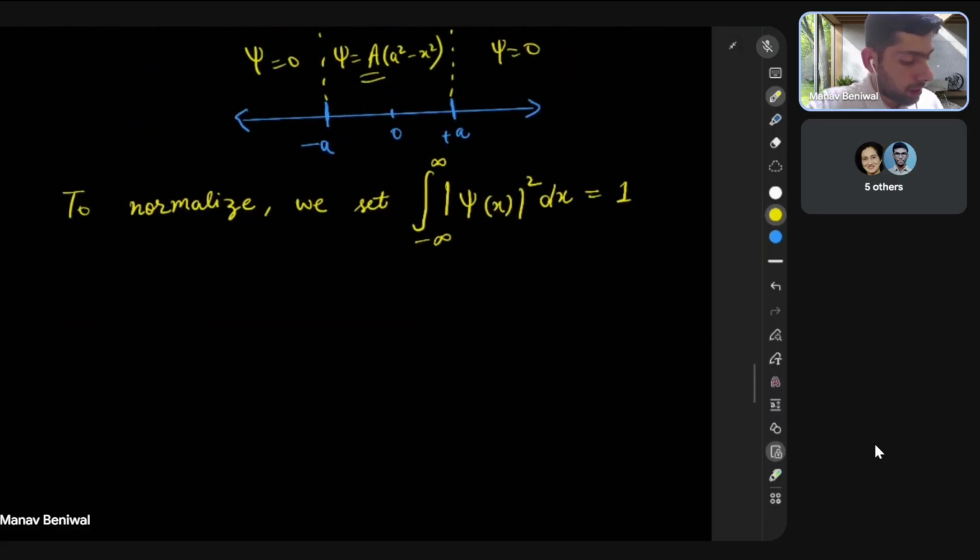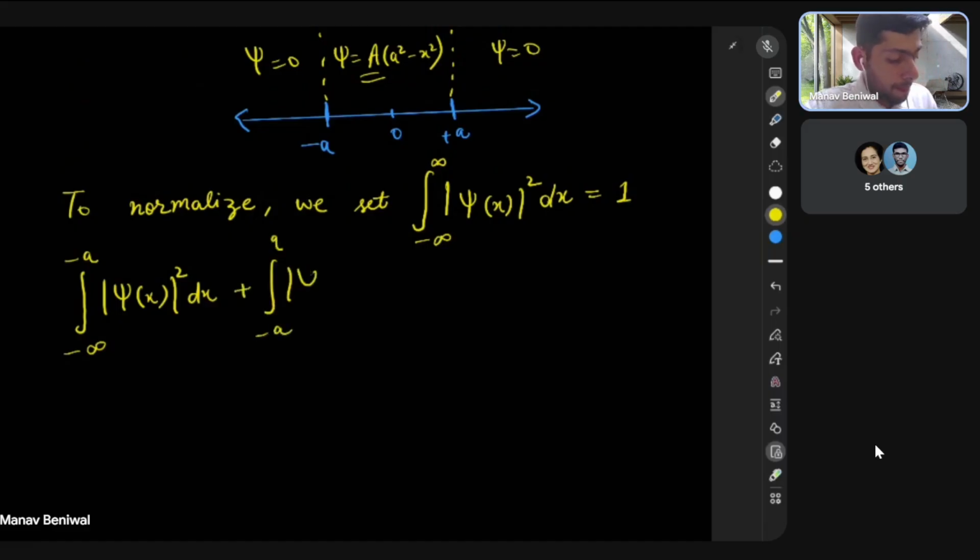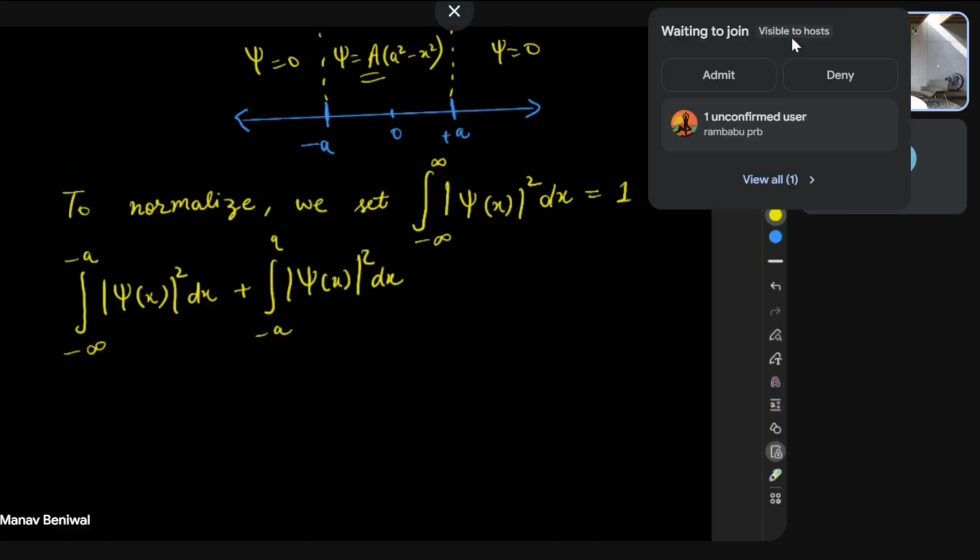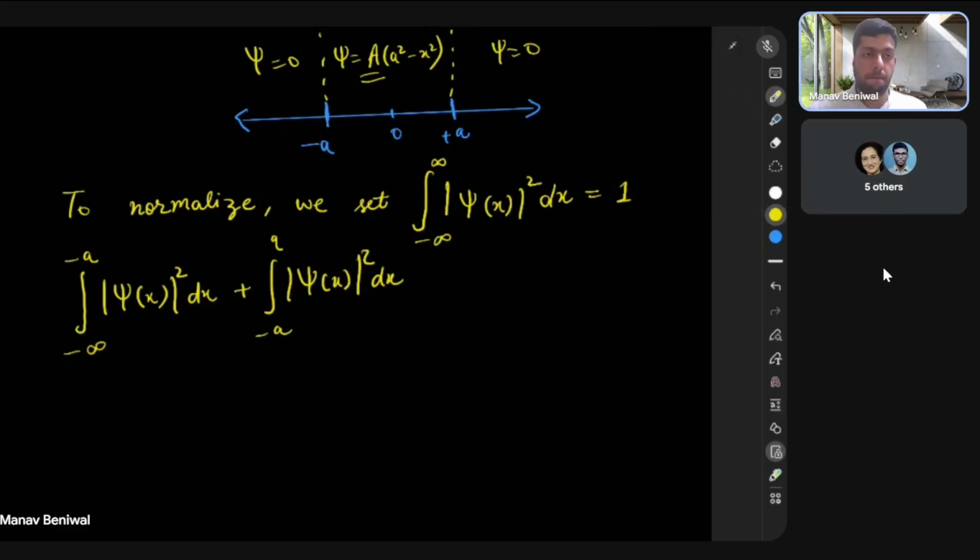Now we can break down this integral into three regions: from minus infinity to minus a, then from minus a to plus a, and finally from a to infinity.